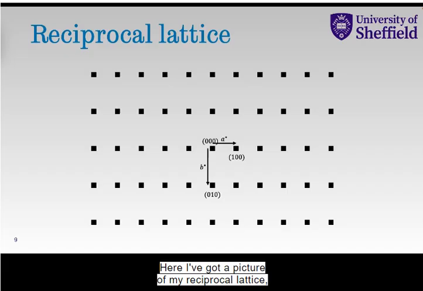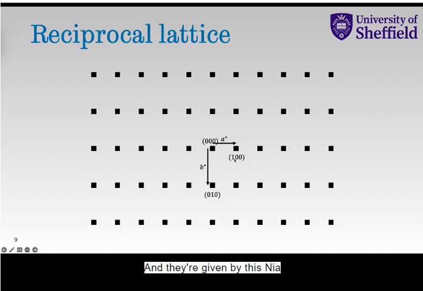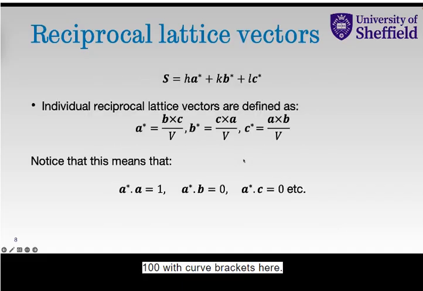And so here I've got a picture of my reciprocal lattice, and where I've got these points, I would get diffraction occurring. Now notice that these diffraction spots I've defined with these reciprocal lattice vectors A star, B star, and C star, and they're given by this nomenclature (1, 0, 0) with curved brackets here.